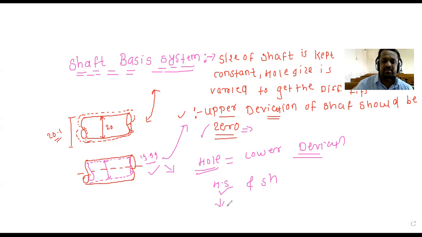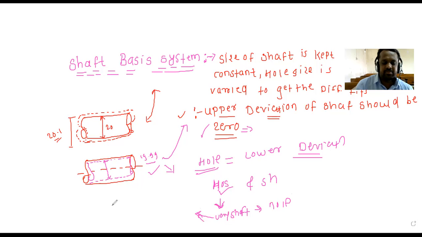Generally, out of the two systems, the hole basis system is preferred for mass production, because in the hole basis system we vary the size of the shaft and keep the size of the hole constant. To vary the size of the shaft is simple.